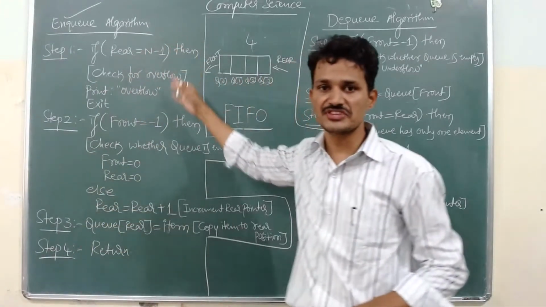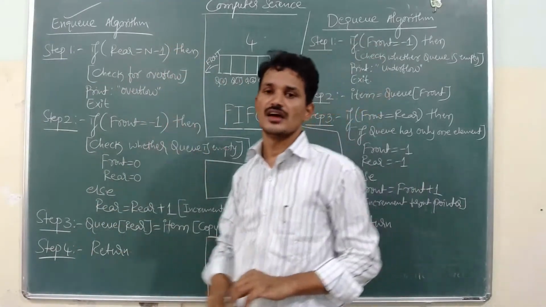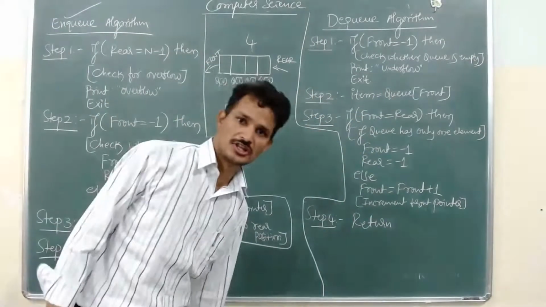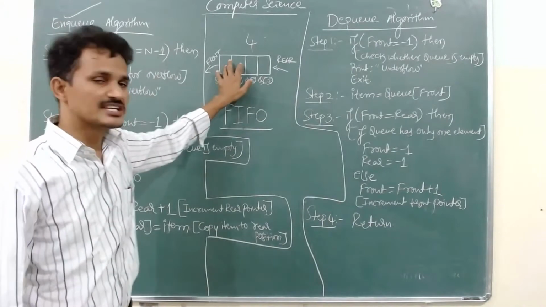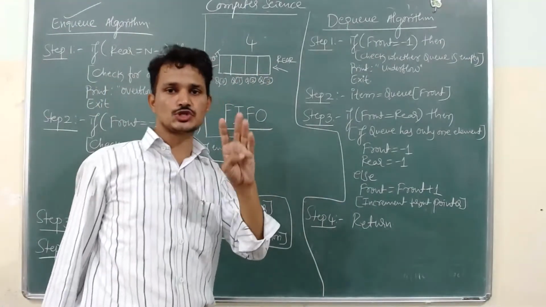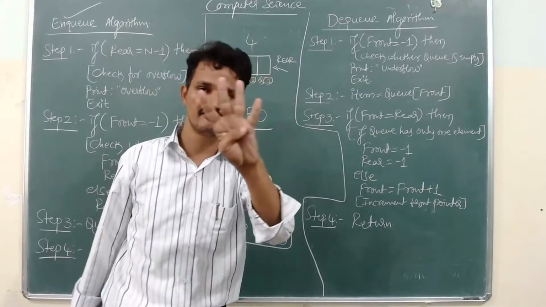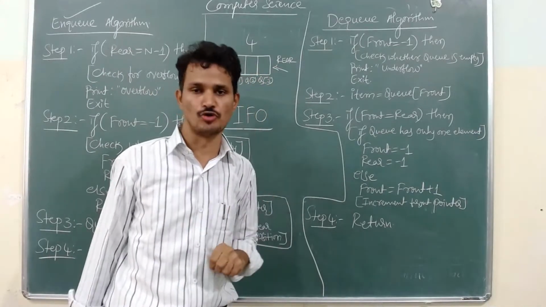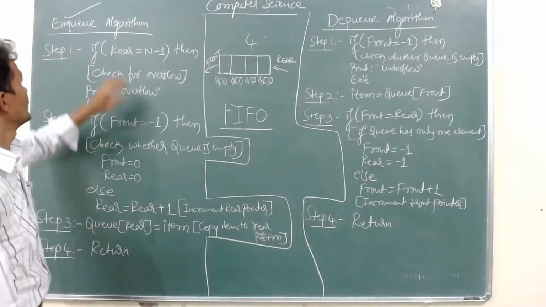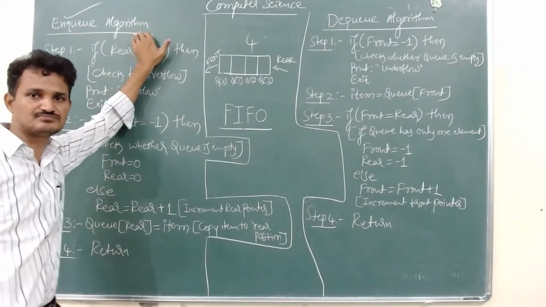First, I'm going to explain the Enqueue algorithm, then I will move on to the Dequeue algorithm. We'll consider this empty queue data structure. The maximum number of elements which can be stored in this queue is 4, not more than that.